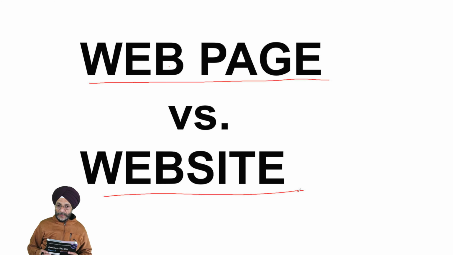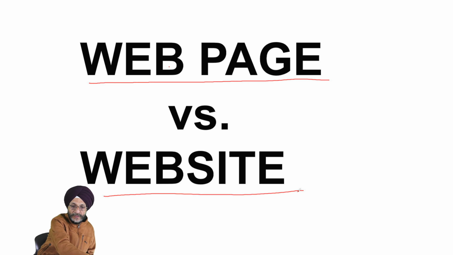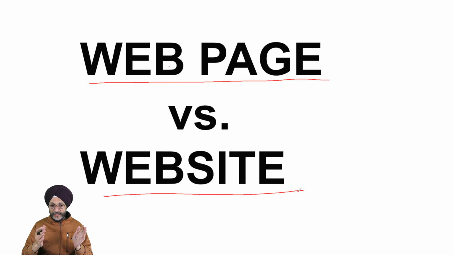For the purpose of simplicity, we can compare a book with a website. As we can see, any book has many pages and we can open any page in our book. In the same way, the website consists of web pages.